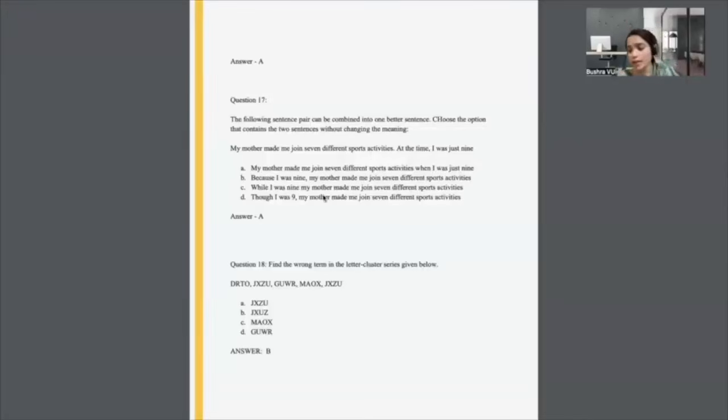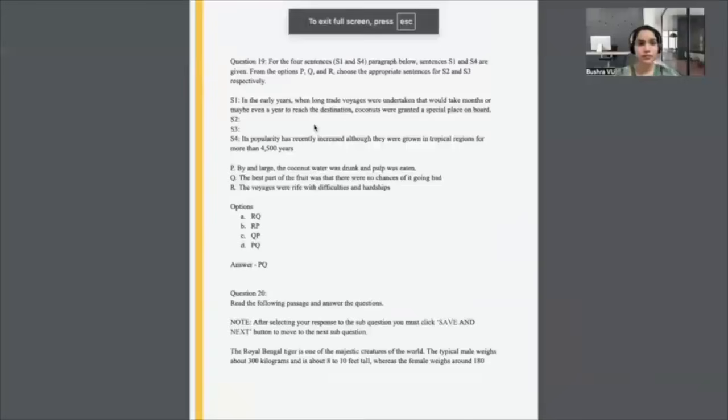This author is telling that the mother made him or her join 7 sports and he or she was just 9, right? While I was 9, my mother made me join. Okay, this is also fine. While this author was 9, 7 were joined. But here, if you look at the question, the whole focus is on the author being just 9.